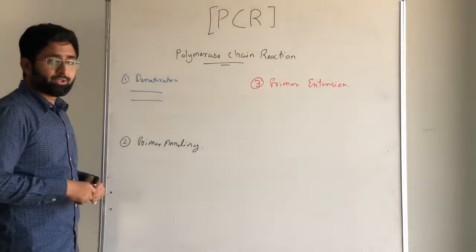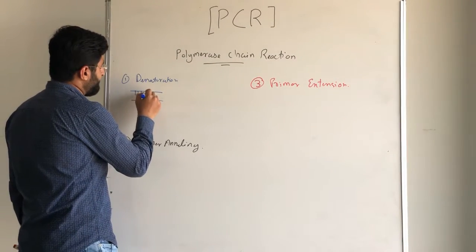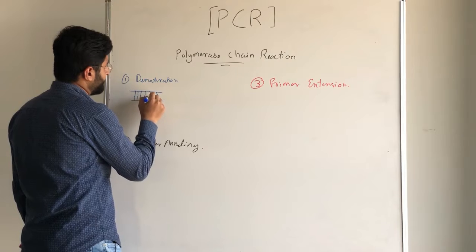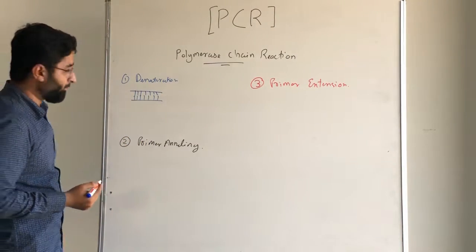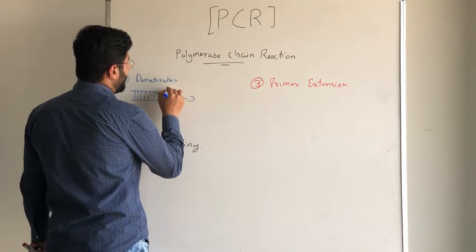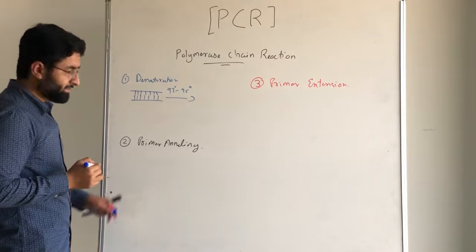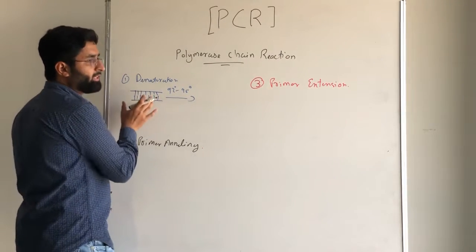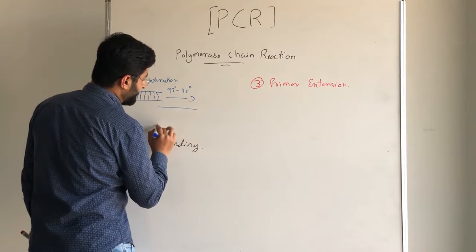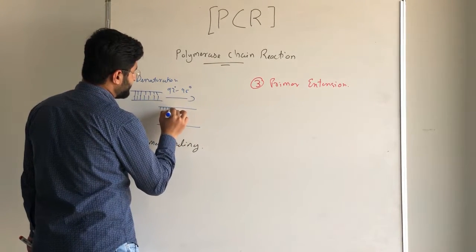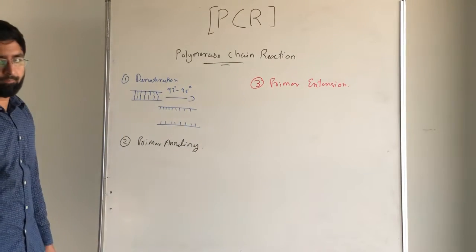So here we are going to use temperature in order to denature the DNA strand, right? We have this DNA strand. Now in order to break the hydrogen bonds, we need to apply a temperature of about 92 to 95 degrees Celsius, right? So at this temperature, all the hydrogen bonds will break between the bases and we'll get two separate single strands of DNA.